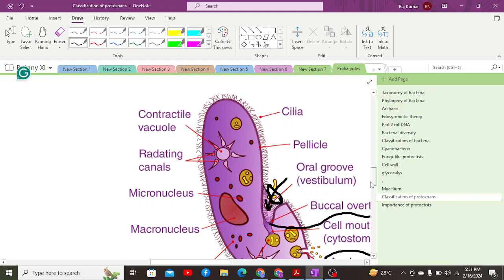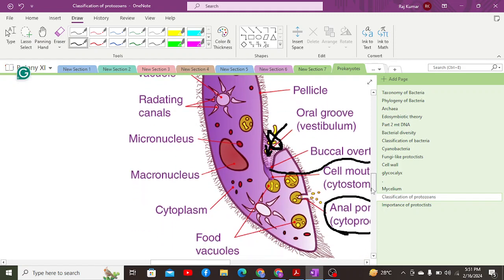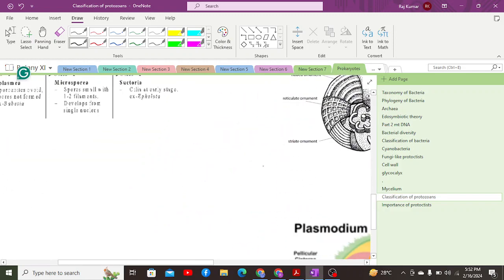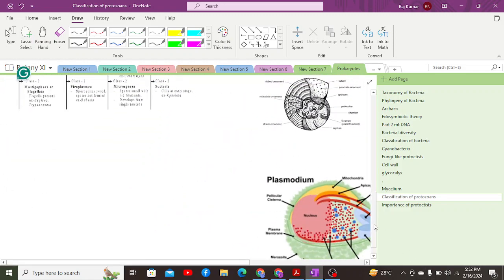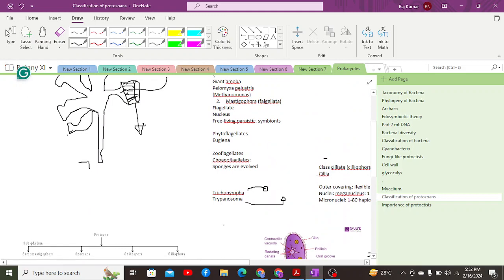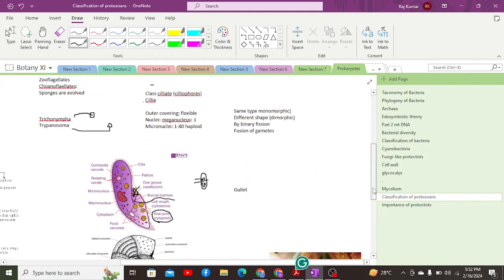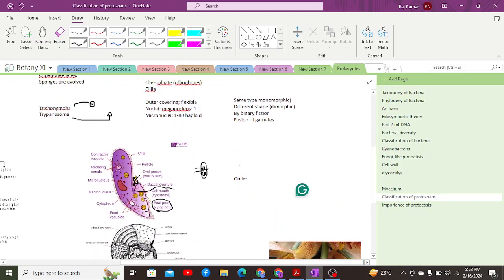The rest of the structure is already defined. We also have other examples of Ciliophora, such as Paramecium.